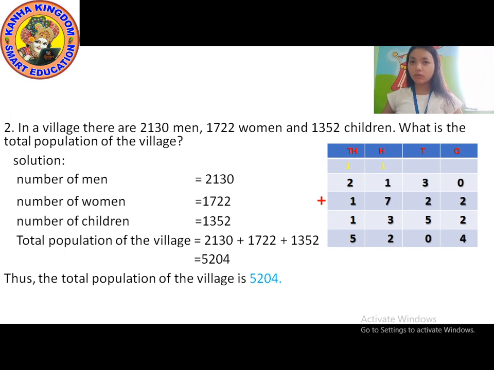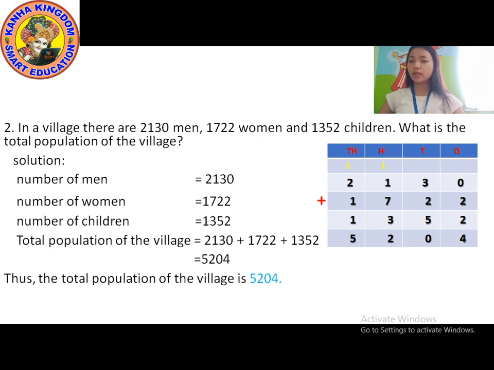2130, number of women 1722, number of children 1352, right? So the total population of the village is, while adding all these numbers, first step, add the ones. In the ones, we got 0 from 2130, 2 from 1722 and 2 from 1352.